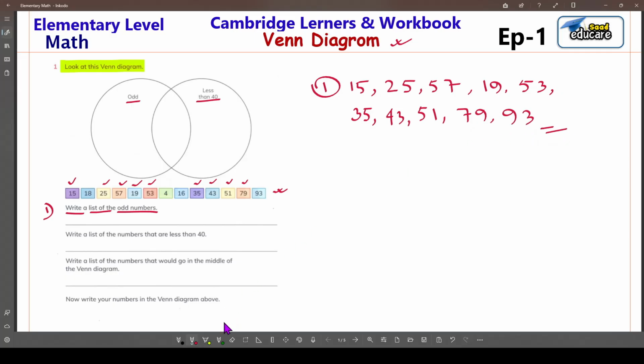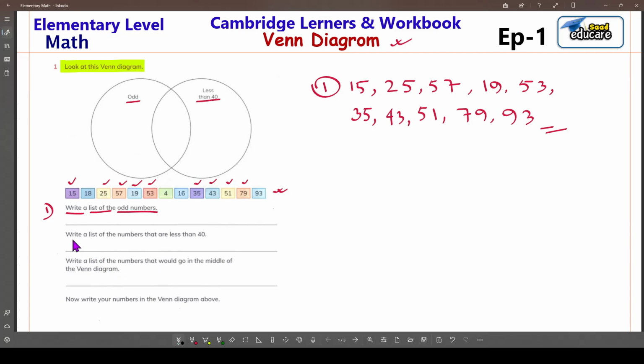So if anybody asks you what an odd number is, it is the kind of number which we cannot divide by 2, right? So these numbers are odd. Our first question answer is done.